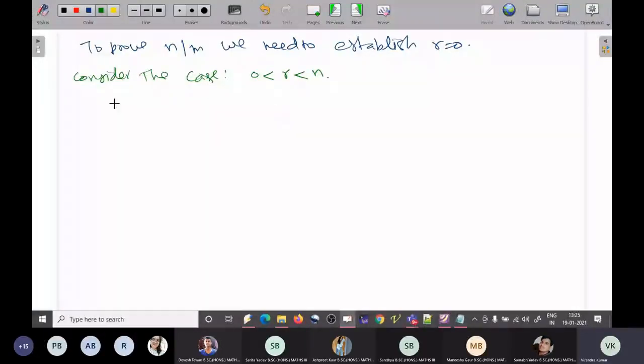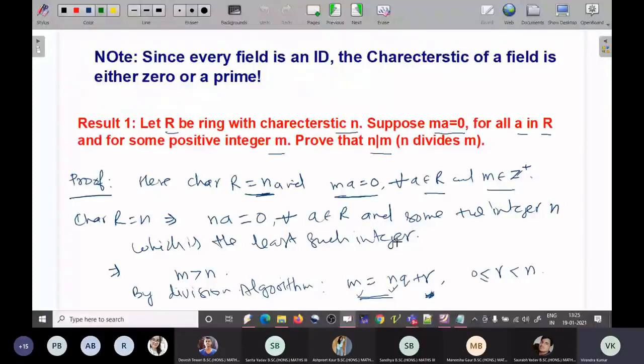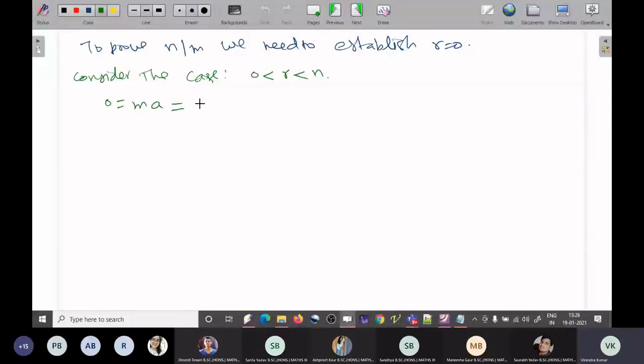So (n times q plus r) times a, and as we all know, in a ring, distribution over addition holds, and associativity also holds, so condensing a couple of steps, we get q times (n times a) plus r times a. Now this n times a, because n is the characteristic of R, has to be 0.